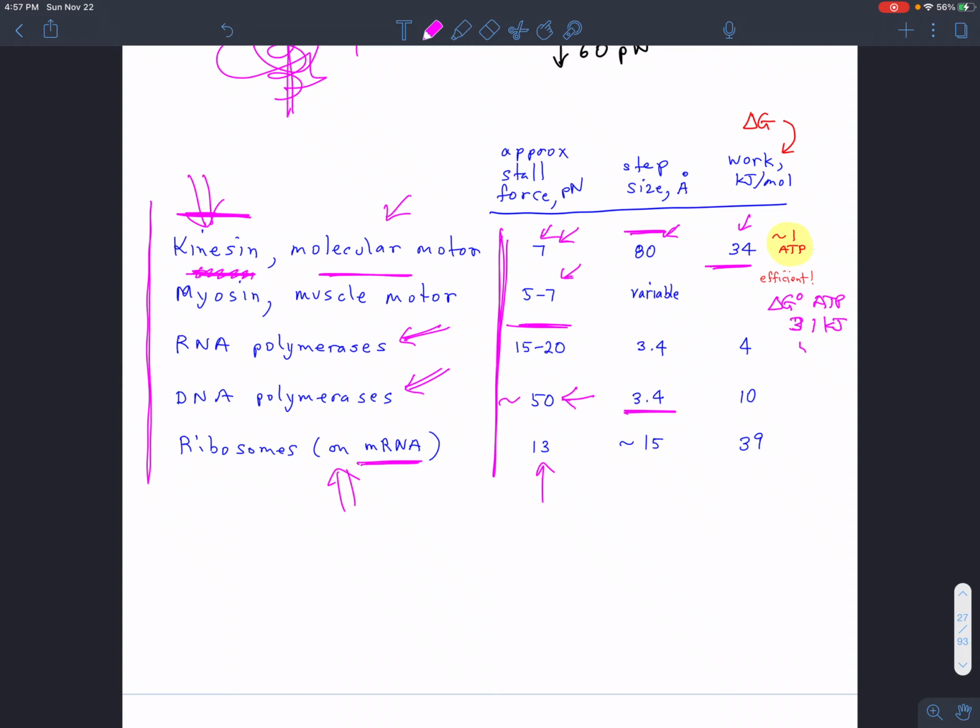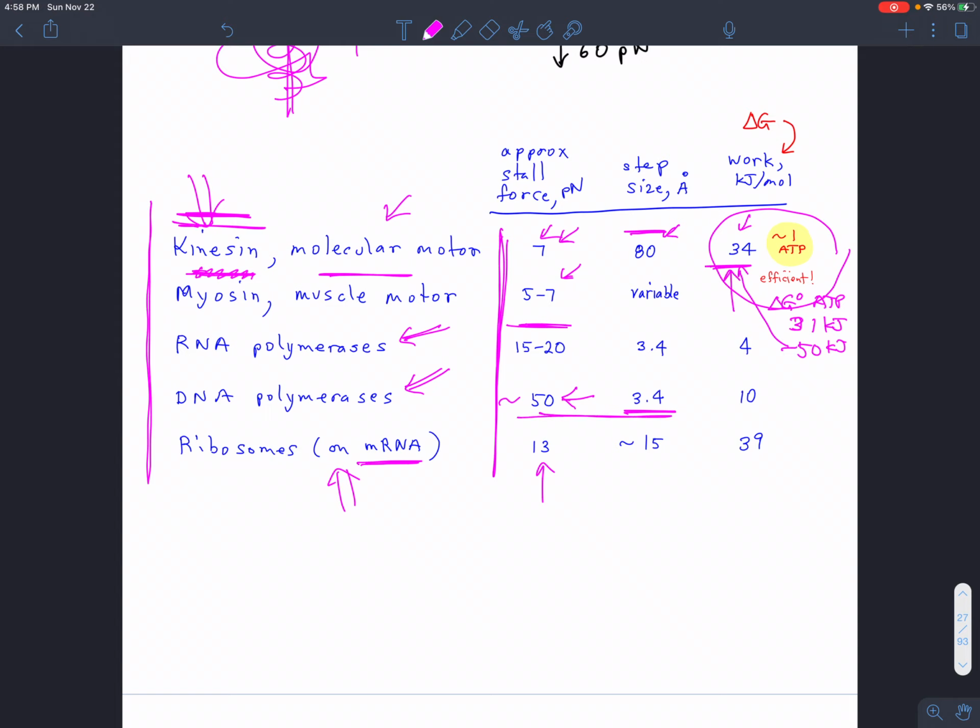Now, inside the cell, it's more like 50 kilojoules per mole, so this isn't quite the same as the delta G for ATP under its actual true conditions, but it's still more or less the amount of energy available from one ATP, so the kinesin is probably at least partially optimized to use the energy efficiently.